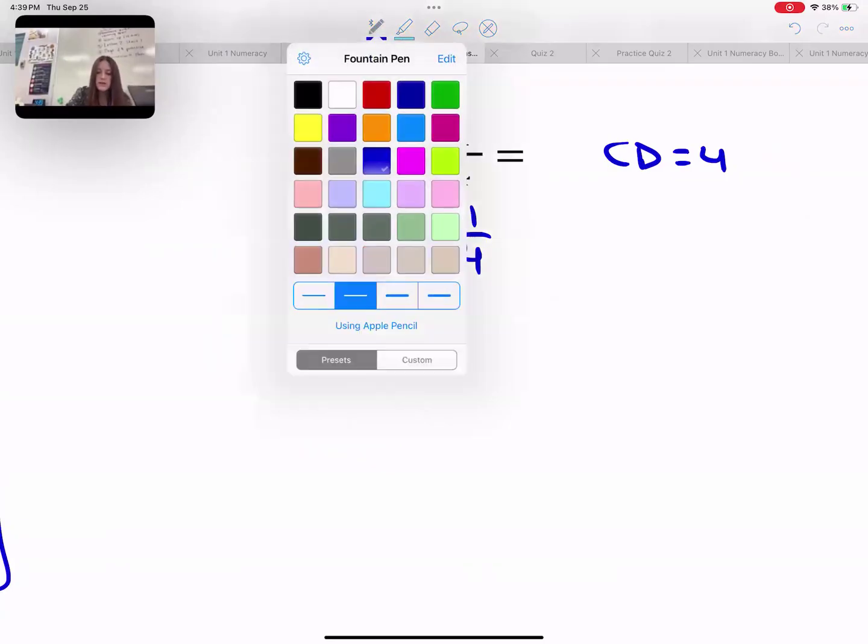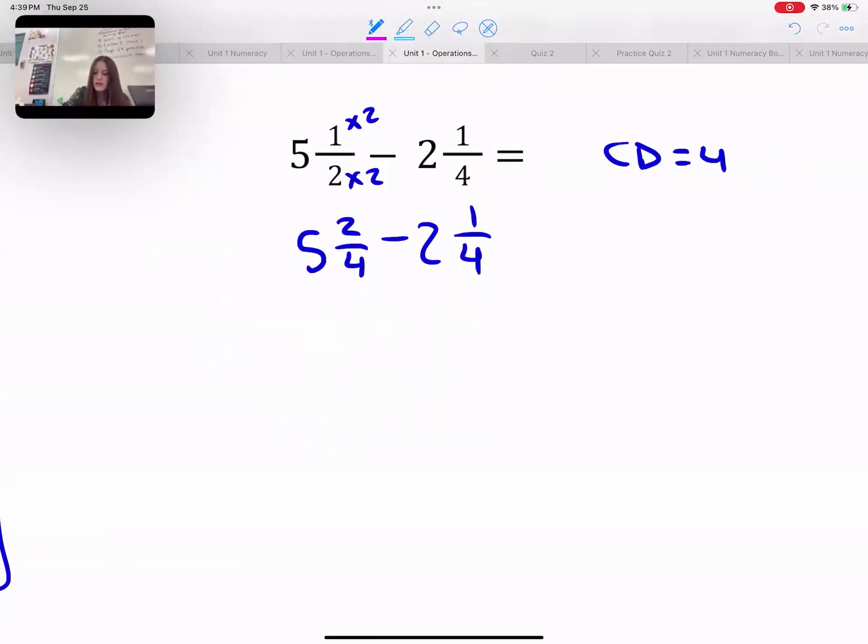So now I want to convert it to an improper fraction. So the way that I'm going to do that is I take the whole number, I times it by the denominator, and then I add the fraction that's left. So 5 times 4 plus 2, and we keep it over the same denominator.